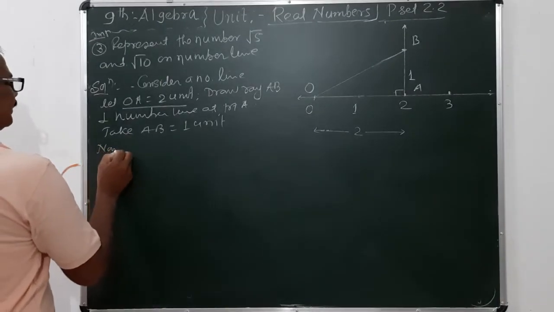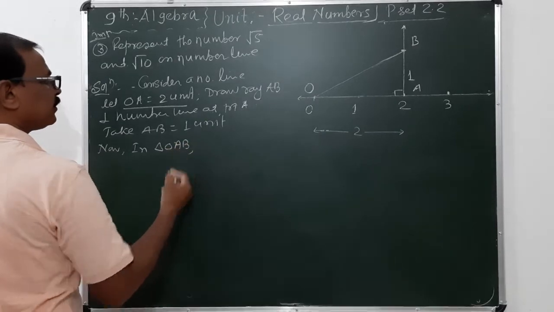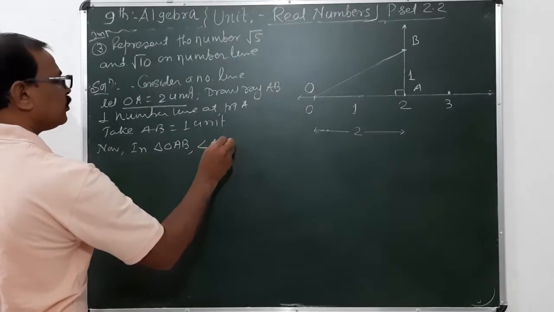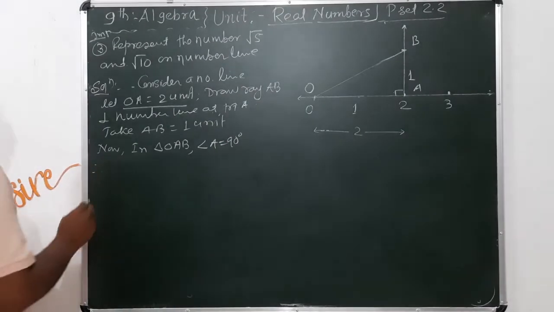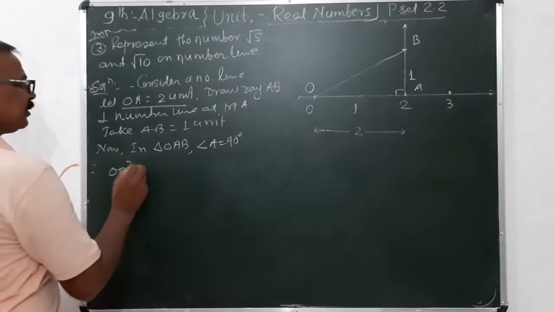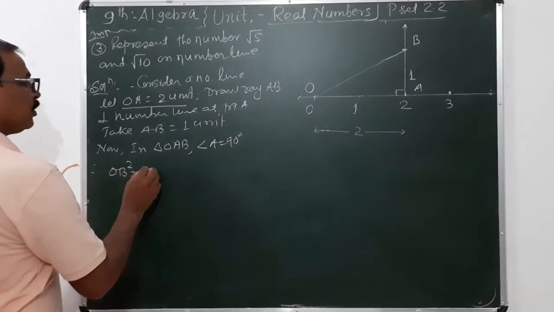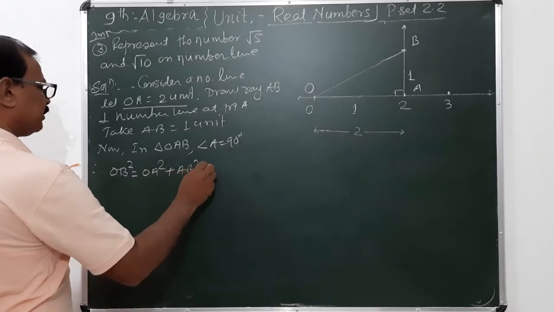Now, in triangle OAB, angle A is equal to 90 degrees. If you apply Pythagoras, then OB square is equal to OA square plus AB square.